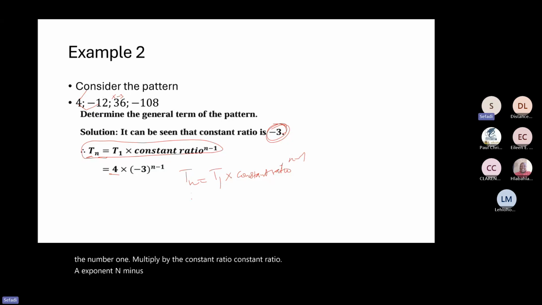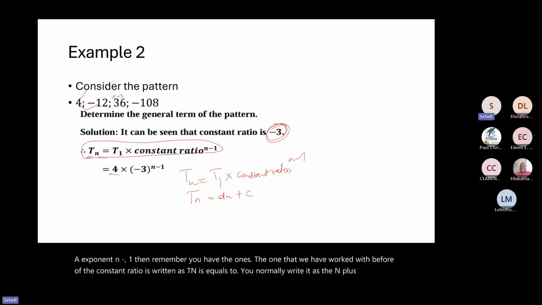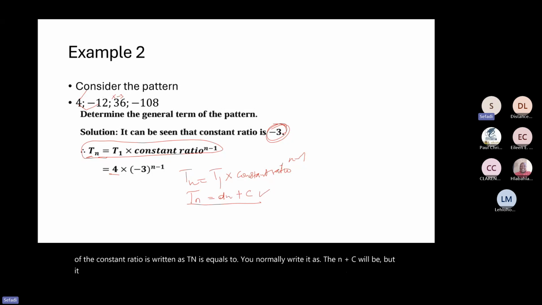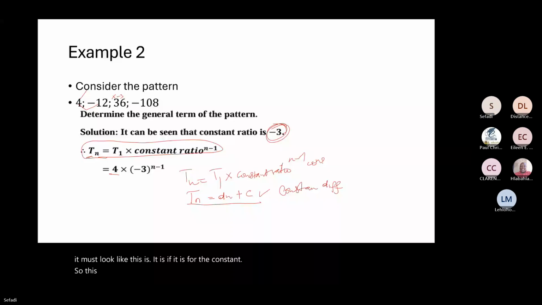Then remember, the one that we have worked with before, for the constant difference, is written as Tn is equal to, we normally write it as Dn plus C maybe, but it must look like this. So this one is for the constant ratio.